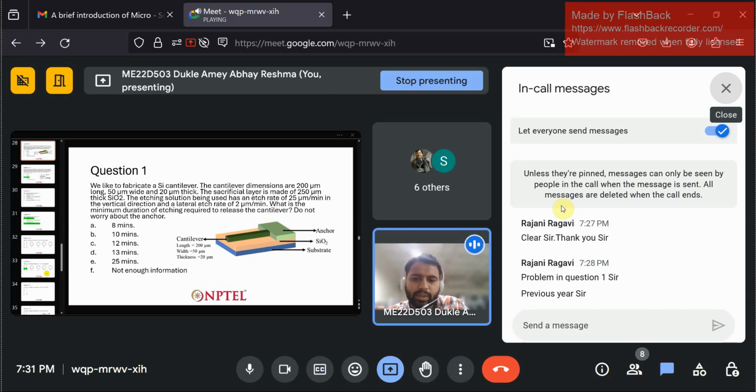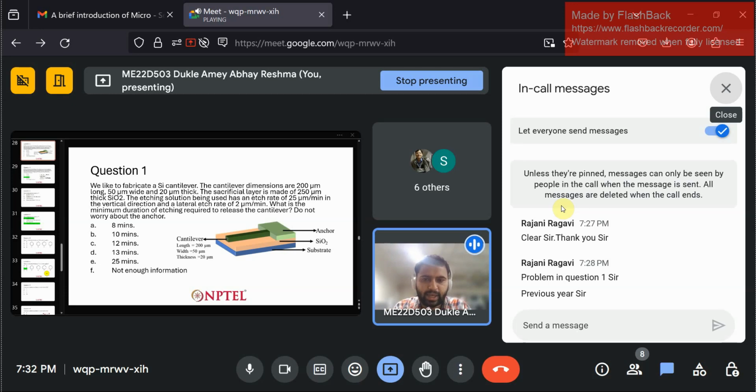To etch away the material which is below the cantilever, the etchant from the left hand side will dissolve the sacrificial layer, and the etchant from the right hand side will also dissolve the sacrificial layer.